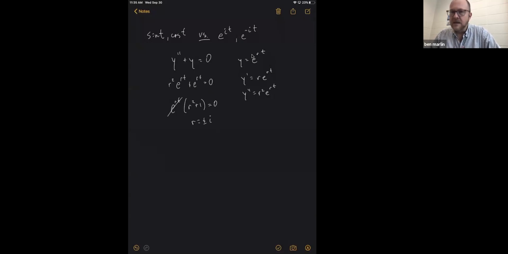So if you had another complex number that had a non-zero real part, then you would see the exponentials cropping up a little bit more here. But I wanted to just do this quick, simple example because I have said to y'all that your general solution here would be y equals a cosine t plus b sine t.